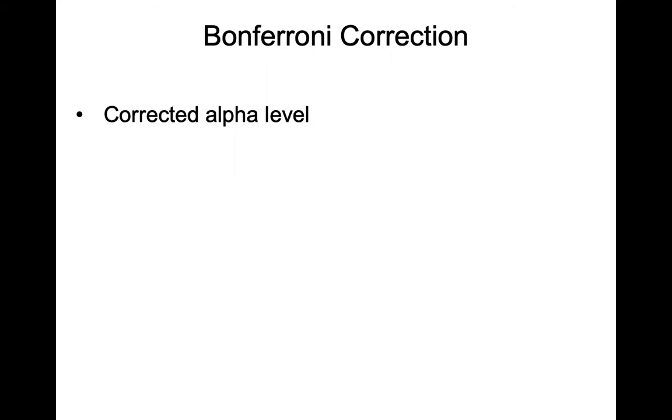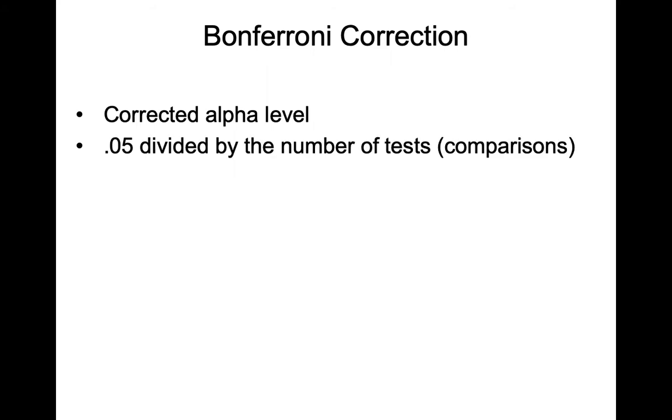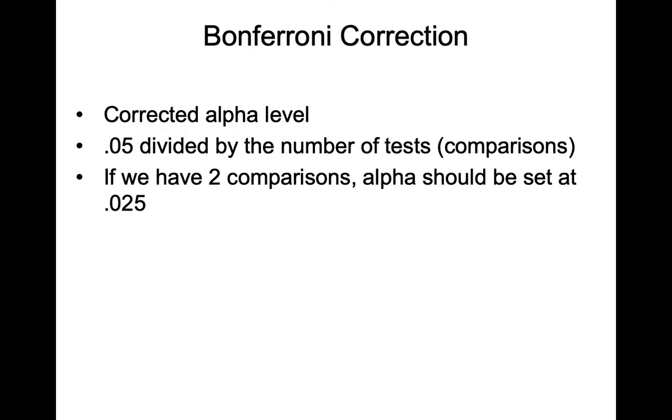nothing more than a corrected alpha level. And all that's done is you take whatever alpha level is conventional, and again, it's usually 0.05 in psychology and social sciences, and then you divide that by the number of tests or comparisons that you're going to do. So if you're going to do 2 comparisons, alpha would be set at 0.025.